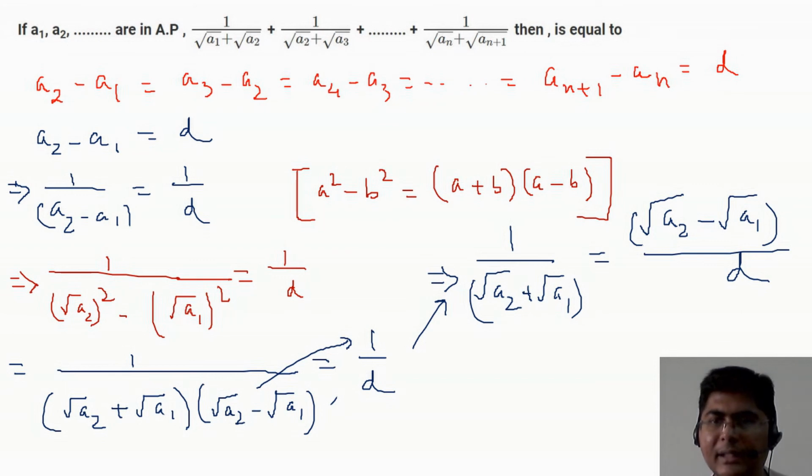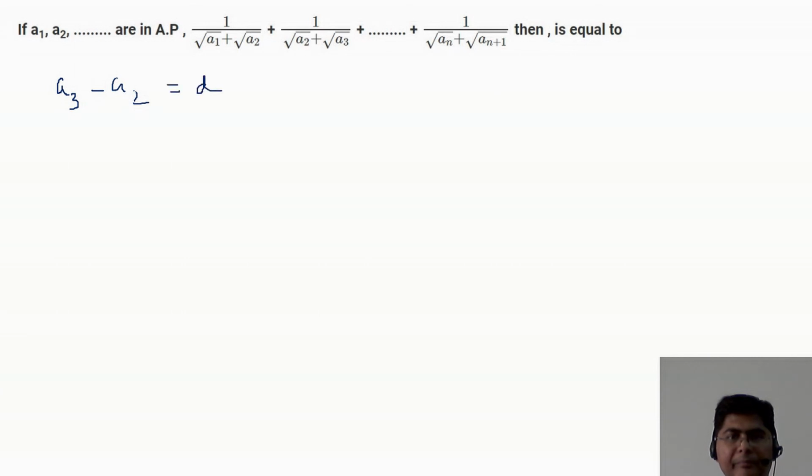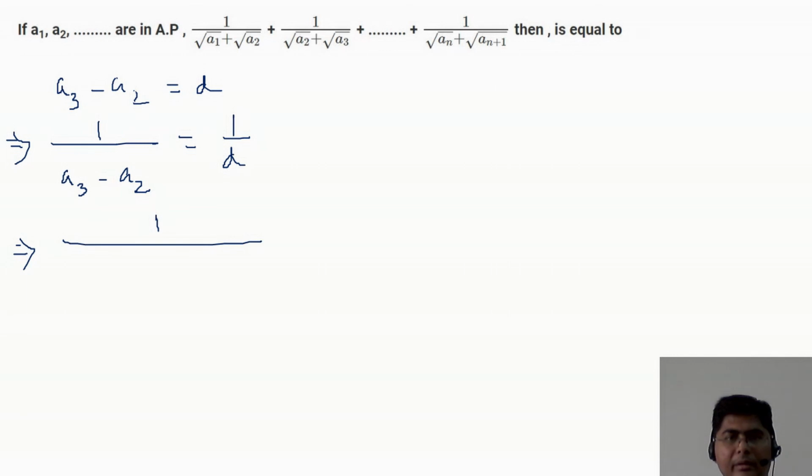Let's look at another term. We know that a3 minus a2 is equal to d. So let's take the reciprocal: 1 upon a3 minus a2 is equal to 1 by d. Now what can I write?